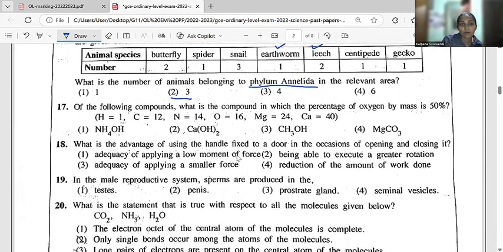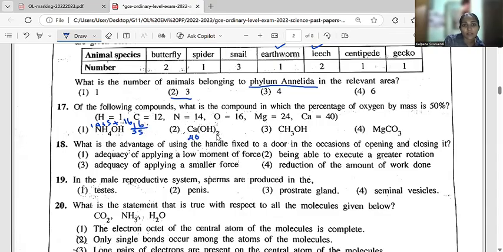17. Of the following compounds, which is the compound in which the percentage of oxygen by mass is 50%? So we want to find the molecular mass of each of these compounds. Let's see. This is 14 plus 16, which gives 30. Oxygen 16 out of 35 is not exactly 50%.